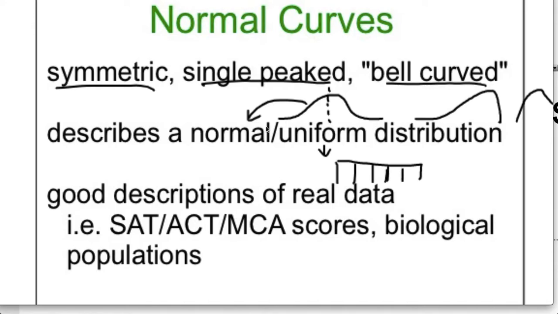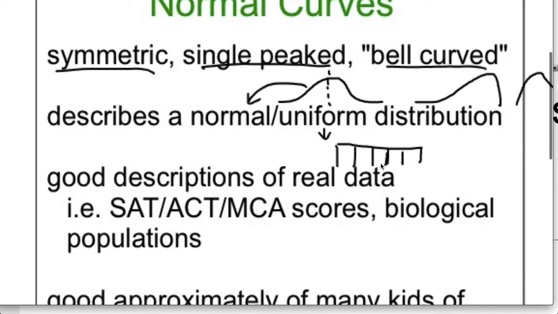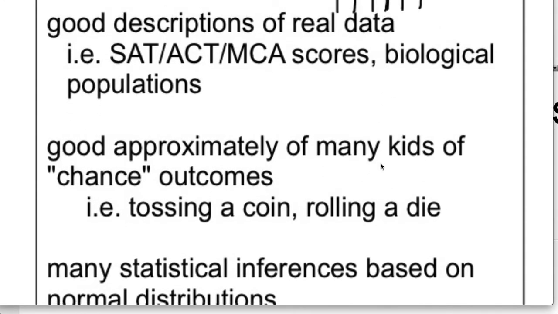So everything that we're going to go over from here on out only applies to normal curves and uniform distributions. A couple of places where this shows up a lot is your SAT, ACT, MCA scores. Any sort of standardized testing typically follows a normal distribution, as well as biological populations.